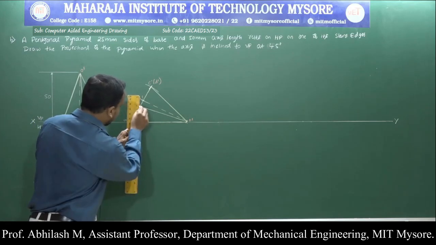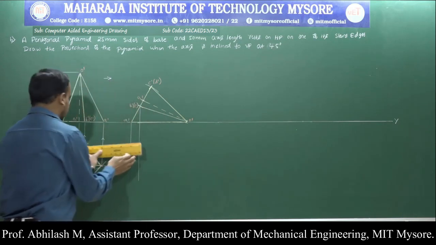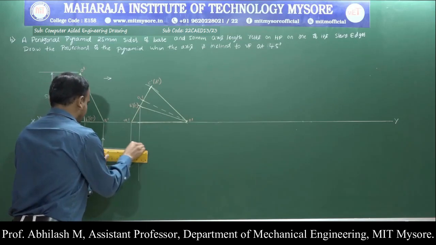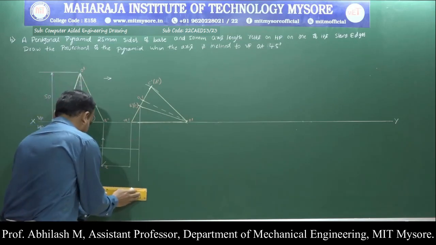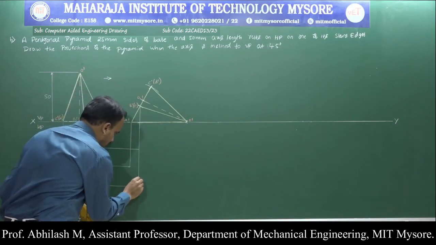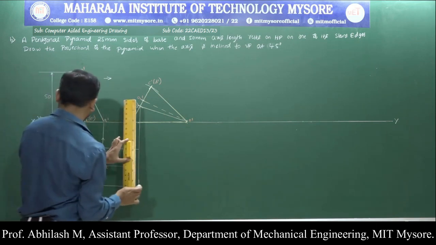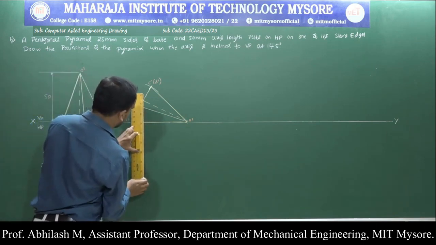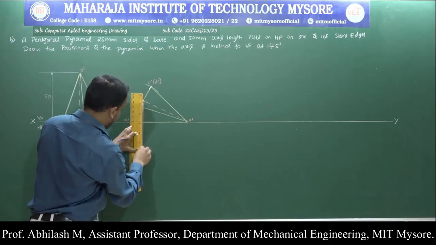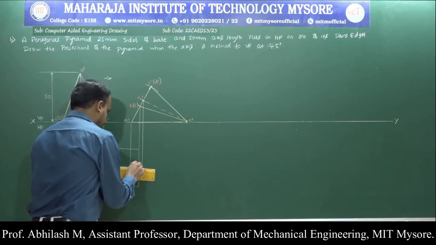I am drawing the projection lines with the help of a thin line. You are supposed to transfer the lines. Similarly, from O1 dash up to the midpoint, that is extension of an EA basically.